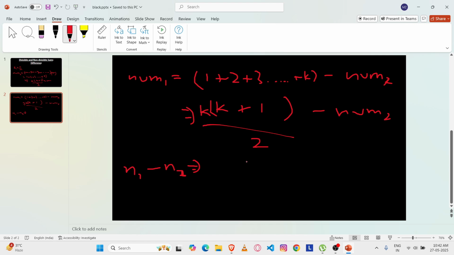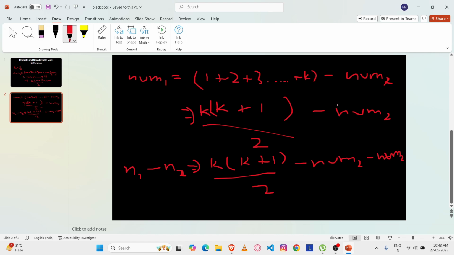So if we just subtract our num1 and num2, then we get, let me write, this is num1, this is num2. What we have here is n into n plus 1 upon 2 minus num2 and minus num2. Sorry for this handwriting, not very good.